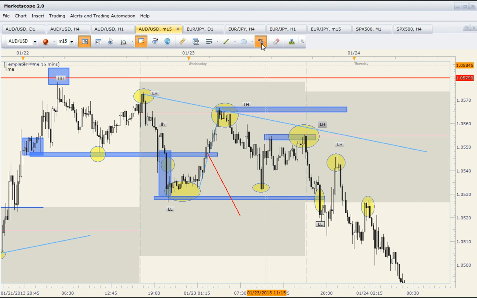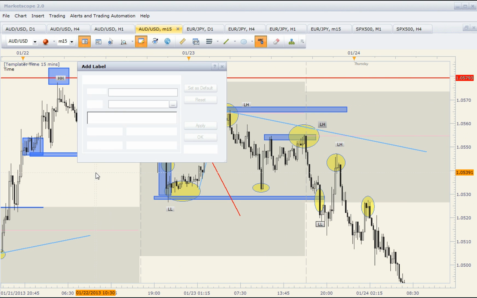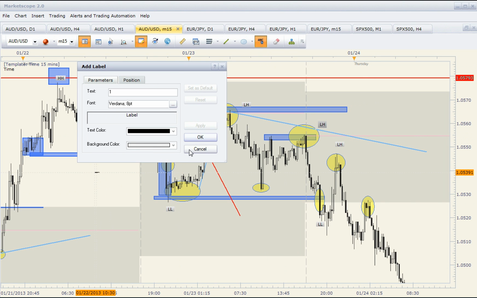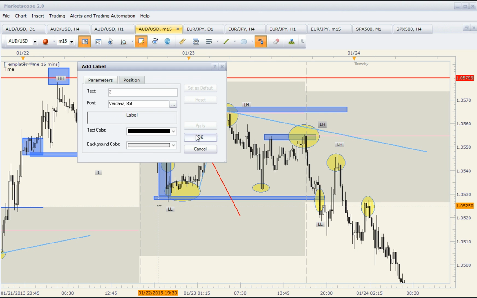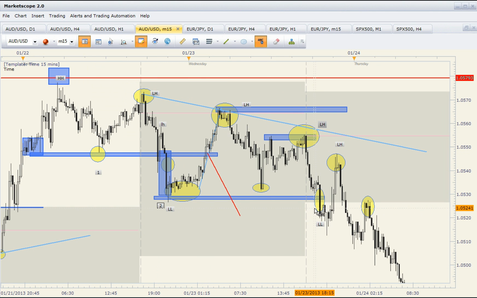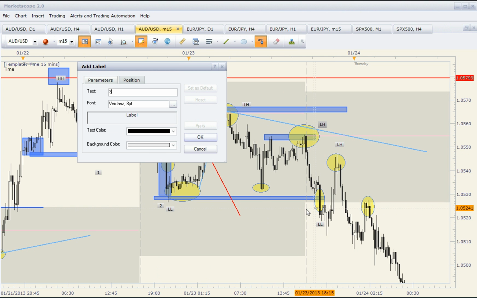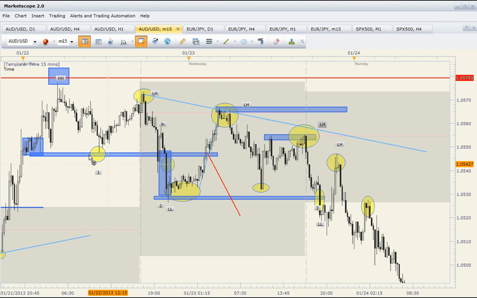Let's label those, the break of structures. 1, 2, 3. This is structure 1, this is structure 2, this is structure 3.